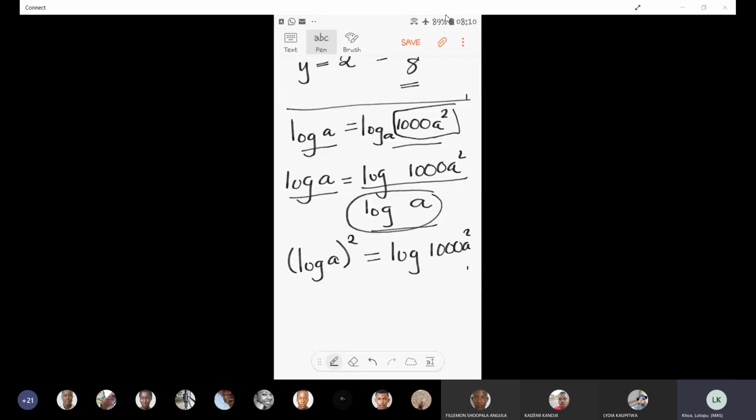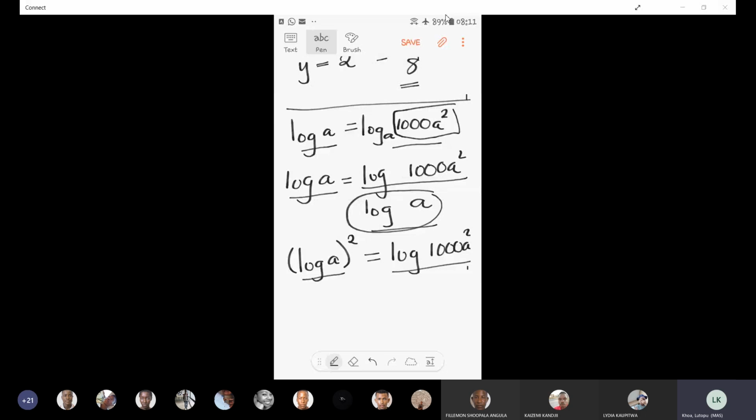Okay. Then with this one, you may be thinking, yes, I need to substitute this log a, but if you look on the right hand side, you don't have a log a, you have log of 1,000 a squared. So this log of 1,000 a squared, you need to split it up and use your laws of exponents.